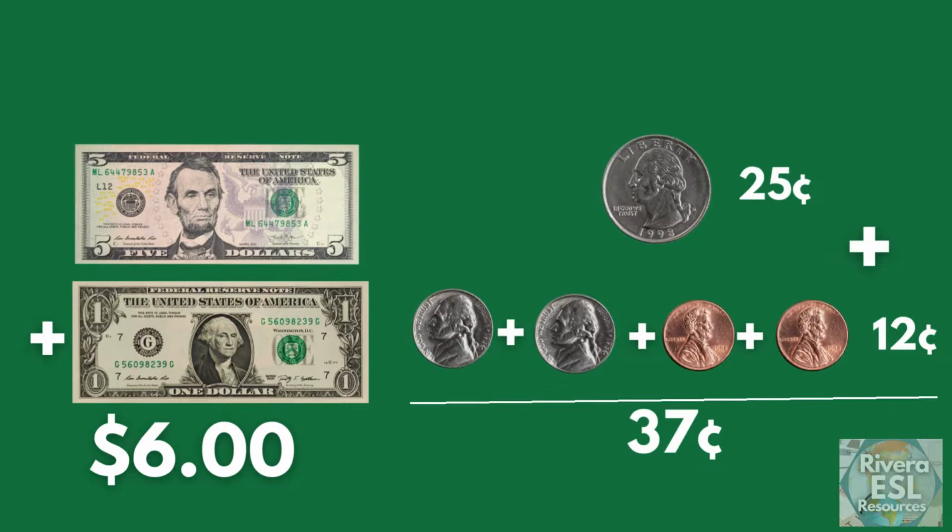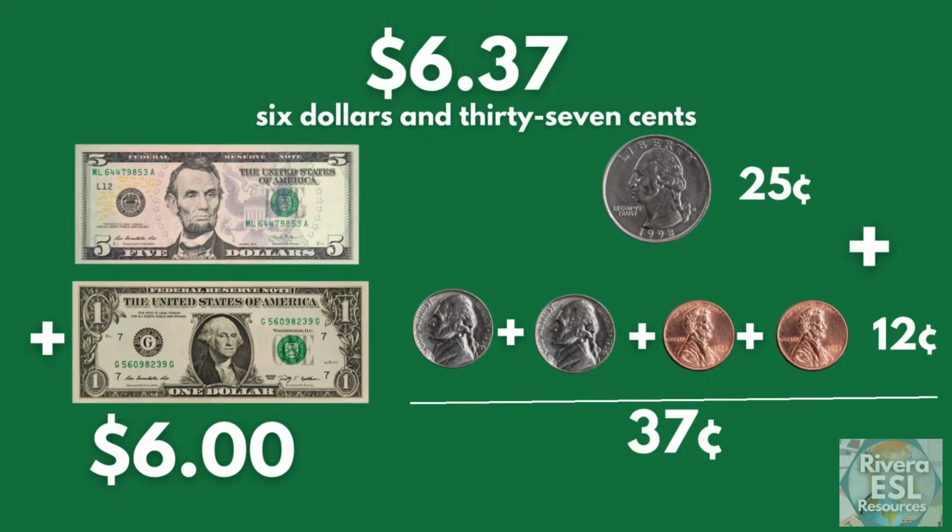Now if I add my coins together, I get 37 cents. So altogether I have $6.37.